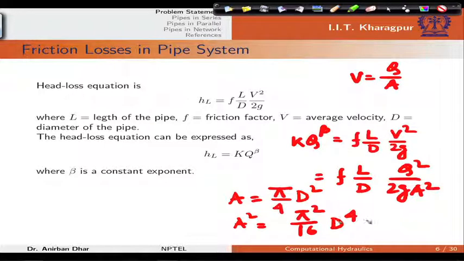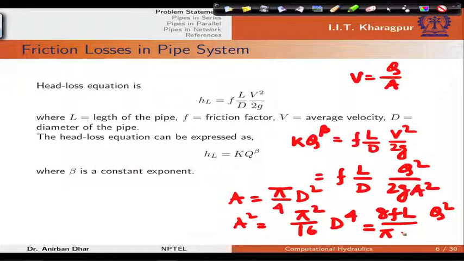Now, if we incorporate this thing here, what you will get is F L, then Q square, and if we apply this here, this is pi square and 8 because 2 is there.